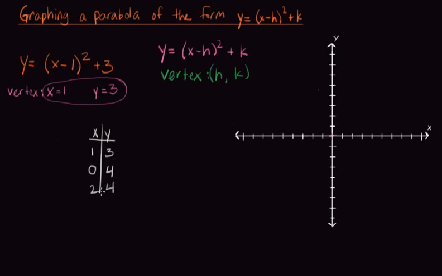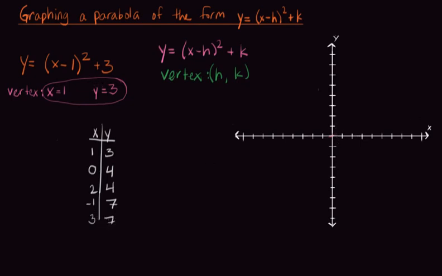And then let's go ahead and do one more on each side. So let's do a negative 1 and let's do 3. So negative 1 minus 1 is negative 2, squared is 4, plus 3 is 7. And then 3 minus 1 is 2, squared is 4, plus 3 is 7.